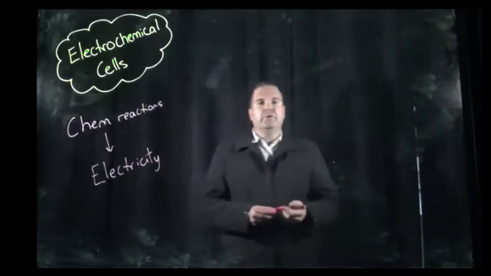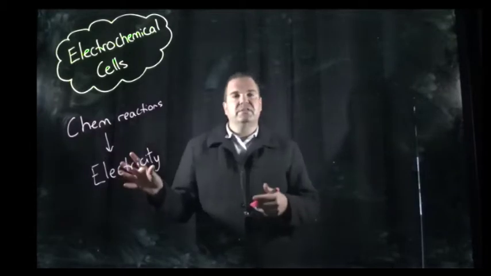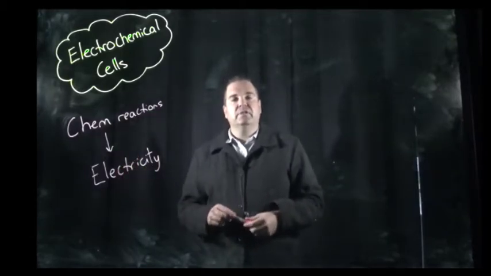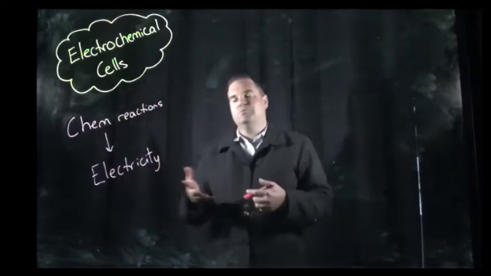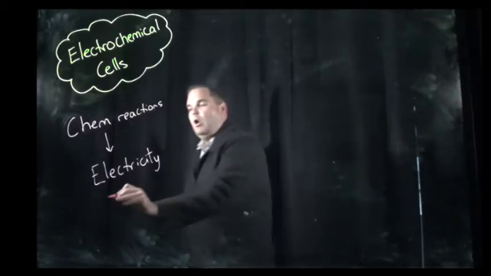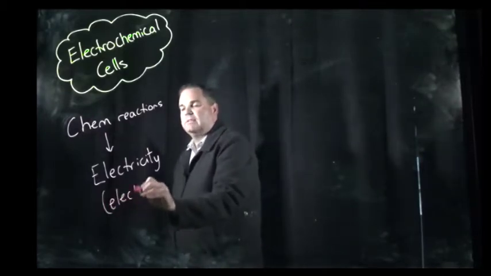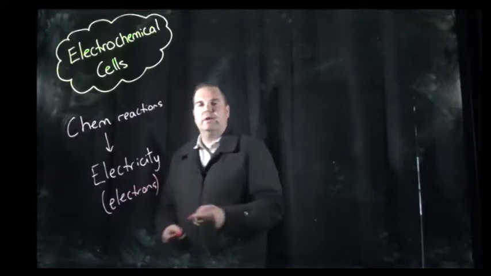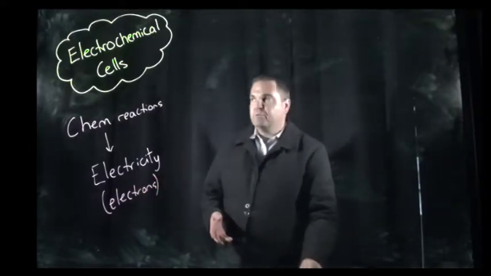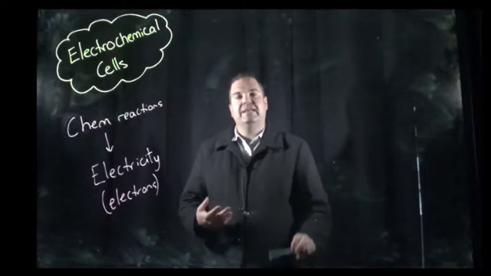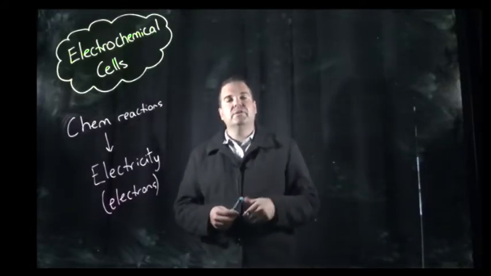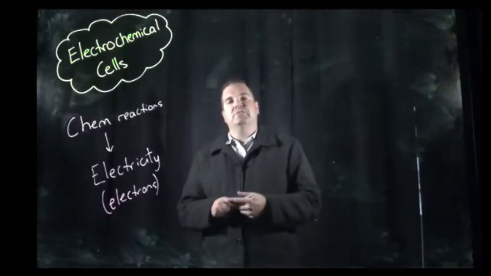That production of electricity is why we can have things like batteries. When we're talking about electricity in this case, what we're really talking about is electrons. We're going to produce electrons, and those electrons are going to be taken out via an external wire in the circuit, and we're going to use those to produce electricity.